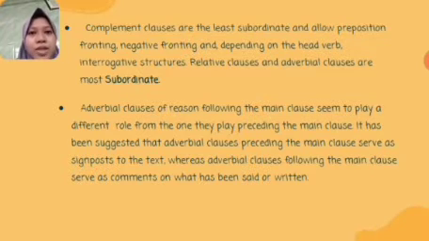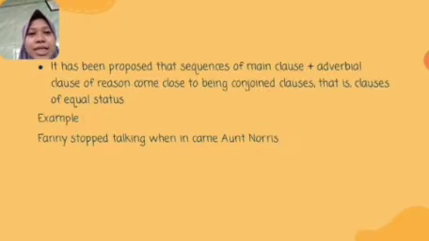the main clause. It has been suggested that adverbial clauses preceding the main clause serve as signposts to the text, whereas adverbial clauses following the main clause serve as comments on what has been said or written.